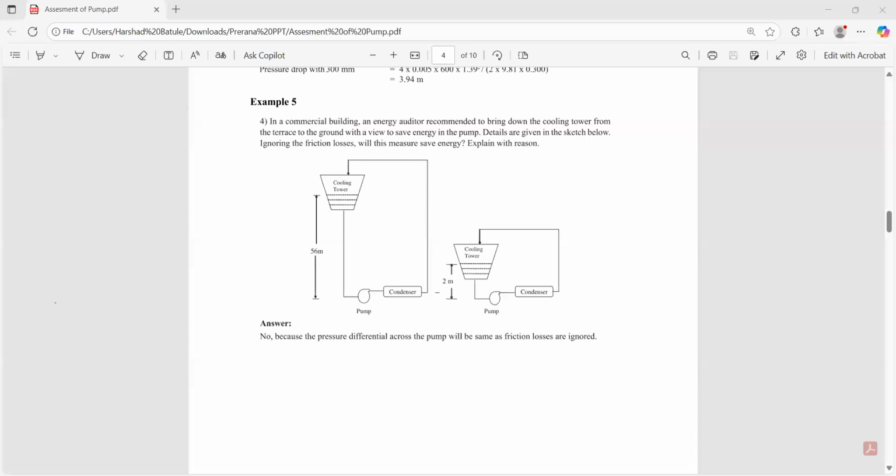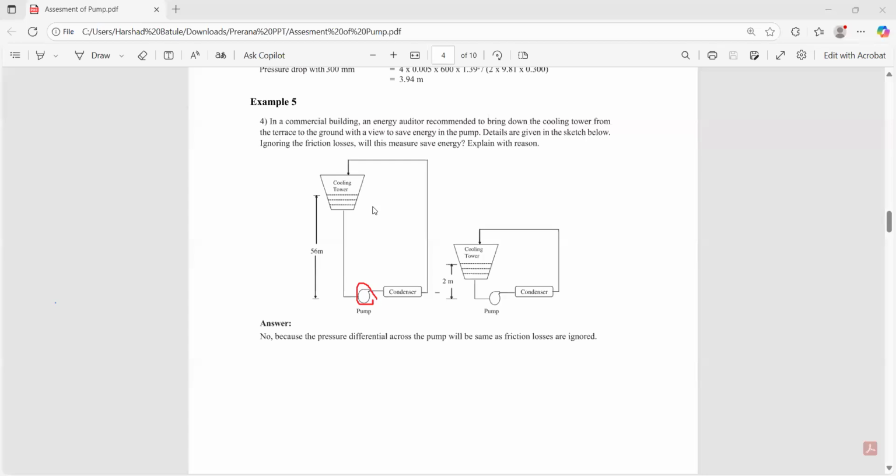So what I was talking about is, here we have the pump and we are pumping the other way, trying to pump the water to the cooling tower on a higher side. So I guess then we have all these frictional losses and the efficiency might be affected by the height difference of the cooling tower, whether it is on the terrace or ground floor.